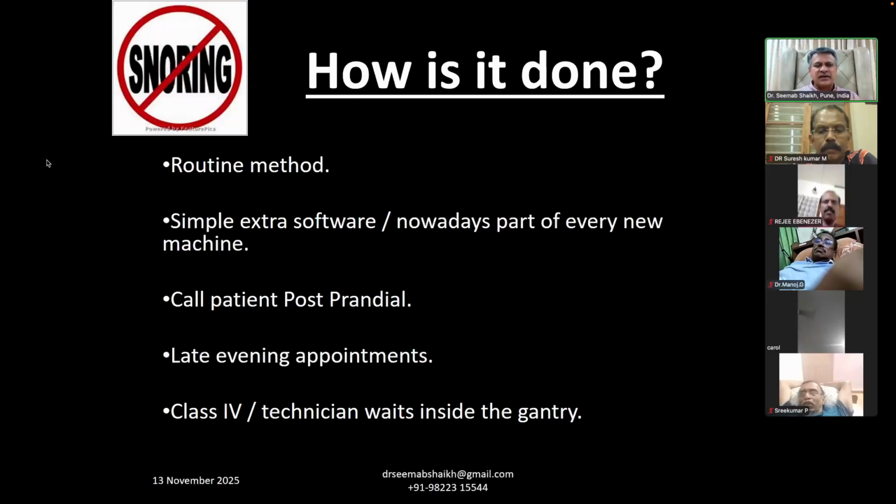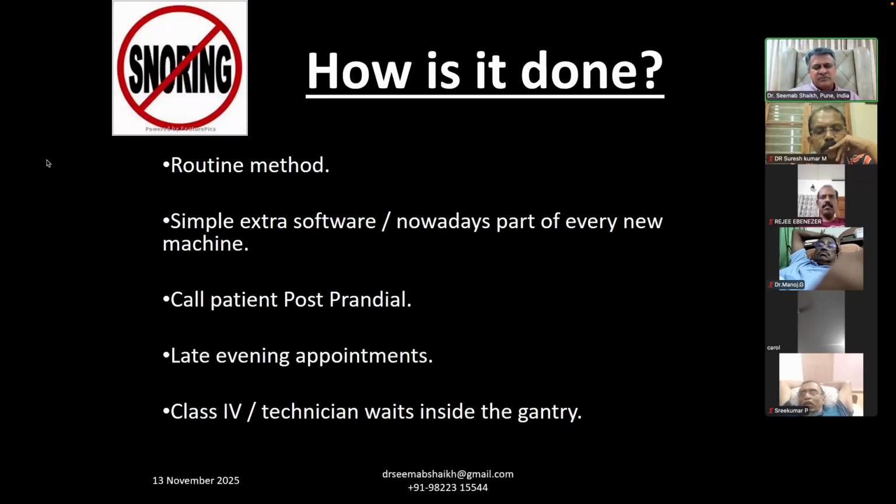So what we tend to do in my center is call the patients at night postprandially. It's already a sleep apneic patient who has got EDS and who is very sleepy anyway. We call them about an hour after their food. You put them in the gantry, which is darkened and air conditioned, and that is the time when most MRI centers are not working very much.